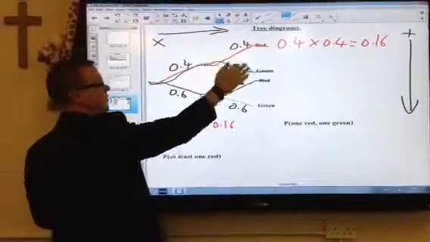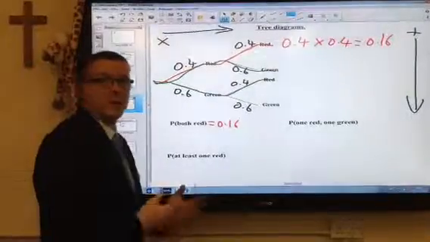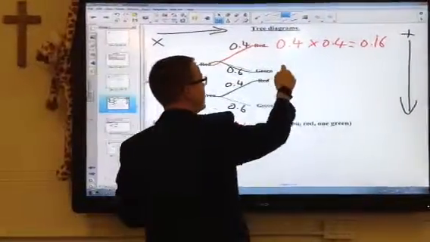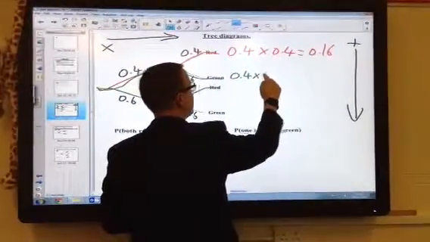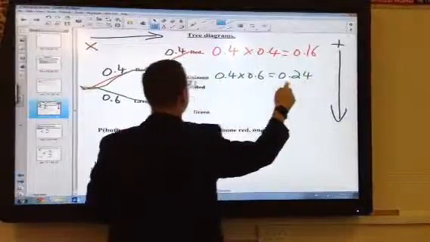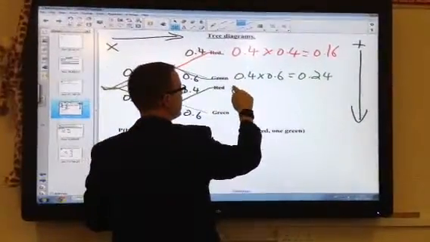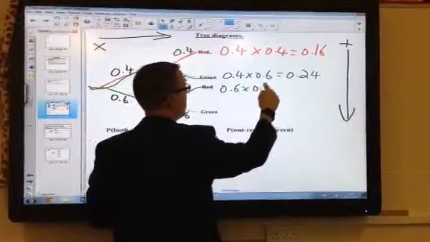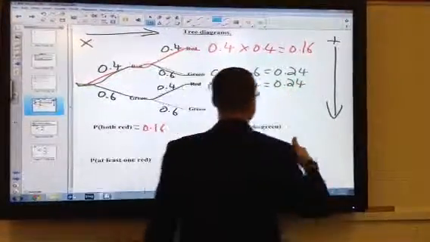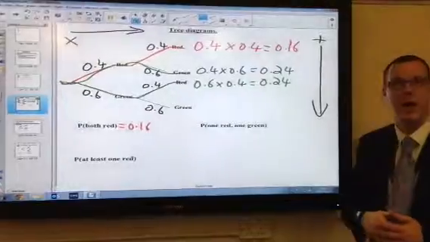So there are two different routes through the tree diagram that will get us the same result. Again, we times going through, so this is 0.4 times 0.6, which is 0.24. And this is 0.6 times 0.4, which is 0.24.